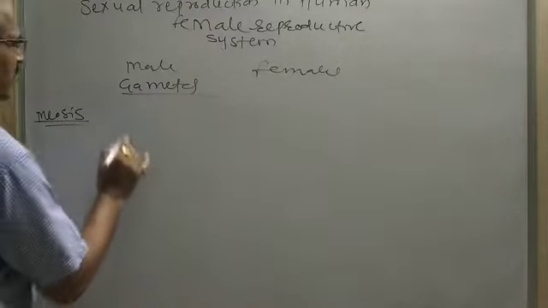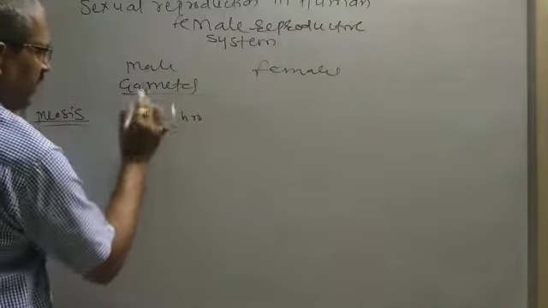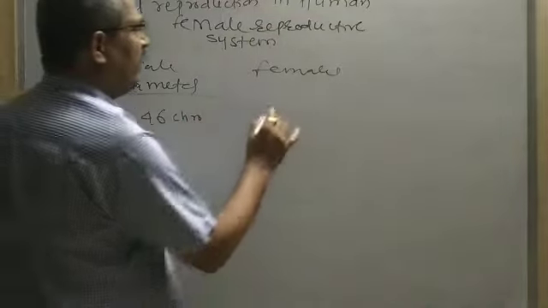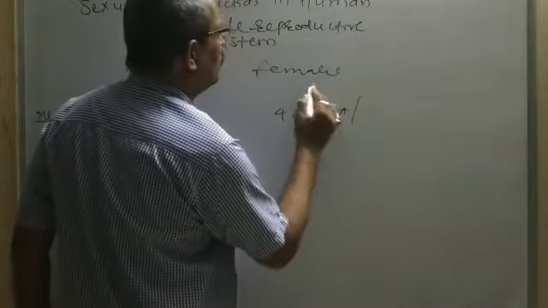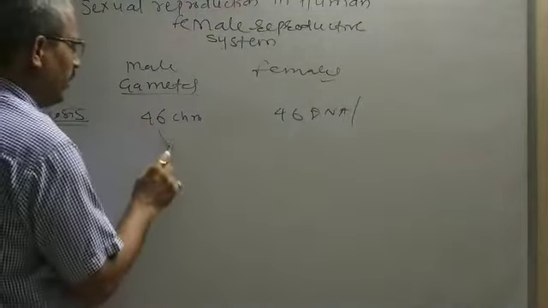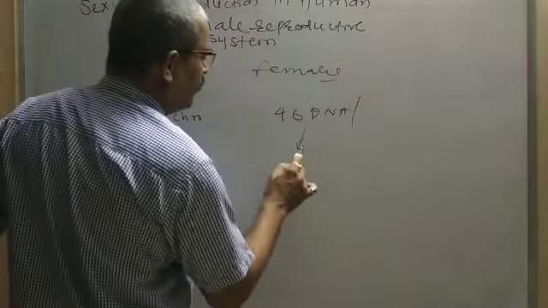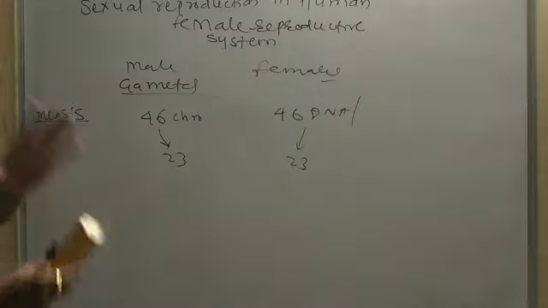By meiosis, I mean suppose there are 46 chromosomes present in the male and 46 chromosomes present in the female. Then only 23 remain. It is reduced to half during meiosis.